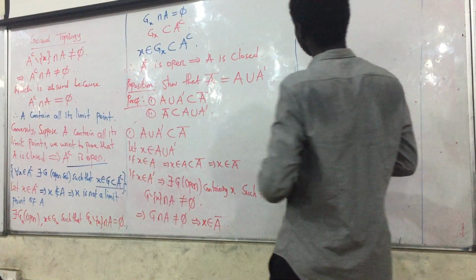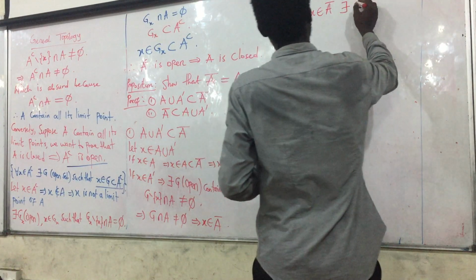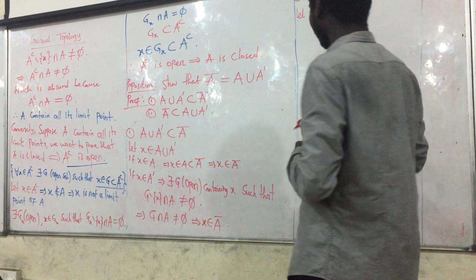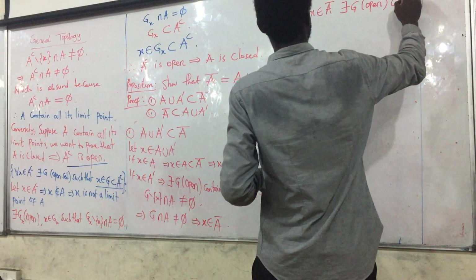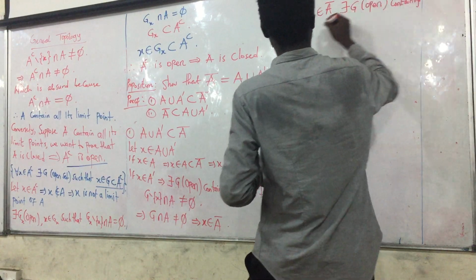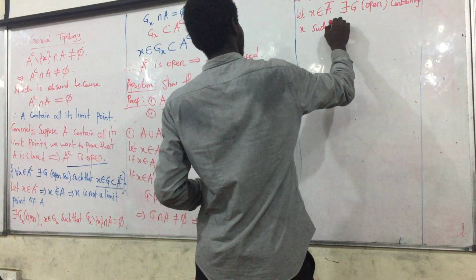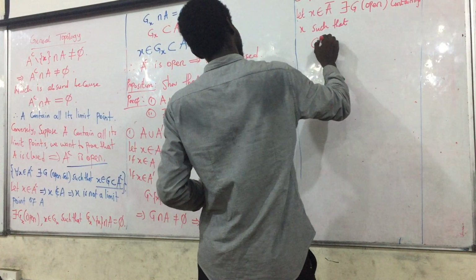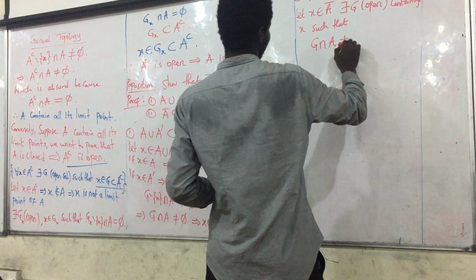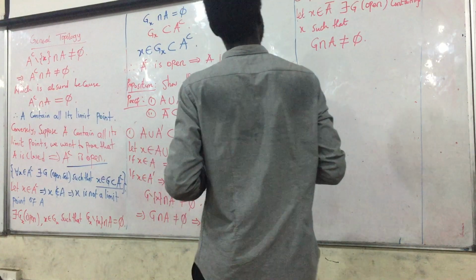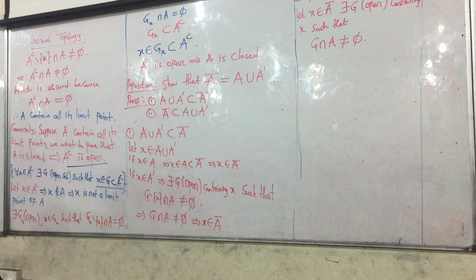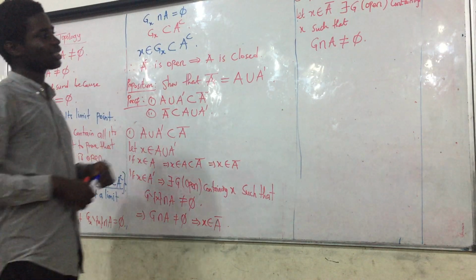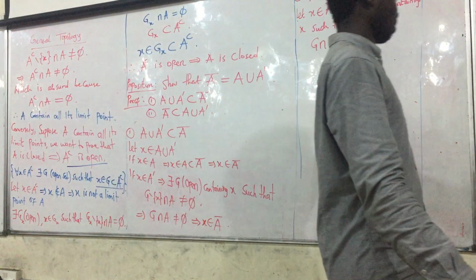What does that mean? There is a G, an open set containing S, so that G intersection A is not empty.